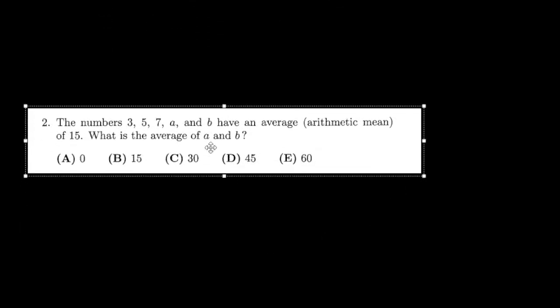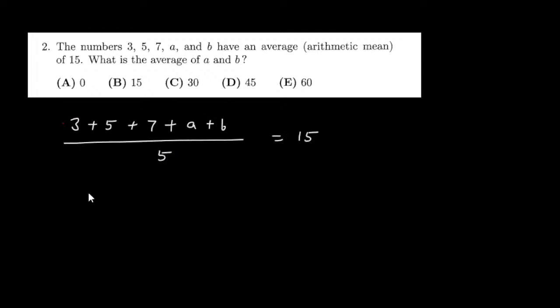The numbers 3, 5, 7, A and B have an average of 15. So how do we calculate average? Here 3 plus 5 plus 7 plus A plus B, whole divided by 5, is given as 15. Therefore 3 plus 5 is 8, 8 plus 7 is 15, plus A plus B equals, now I will multiply both the sides by 5.